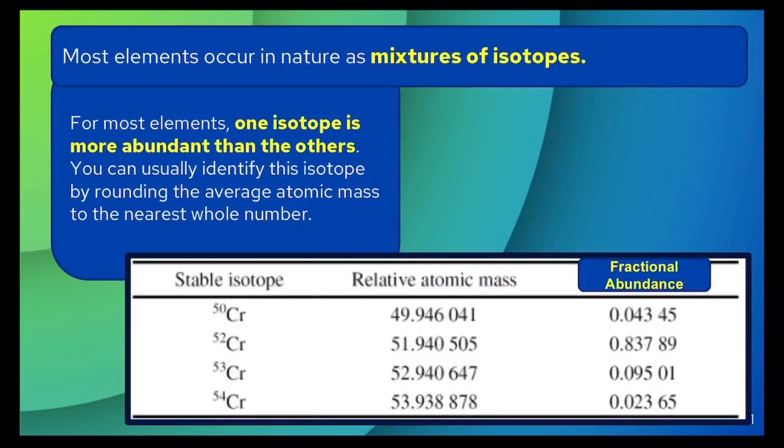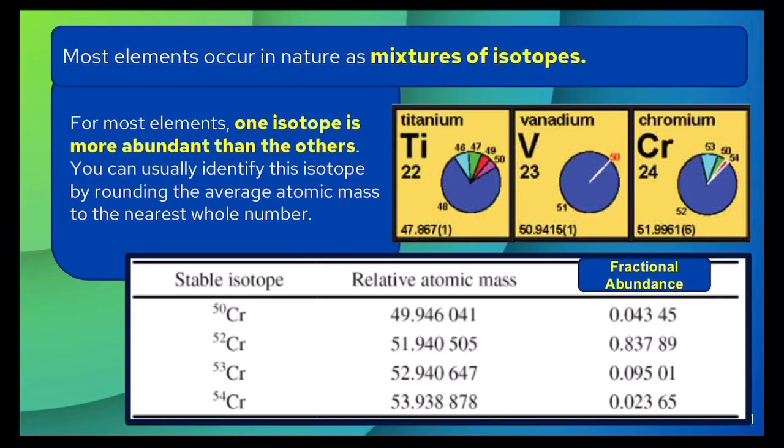In addition to using the relative atomic mass, remember the pie chart? Remember how you can tell what isotope is the most abundant in nature? Well, these areas on the pie chart actually have numerical values associated with them.